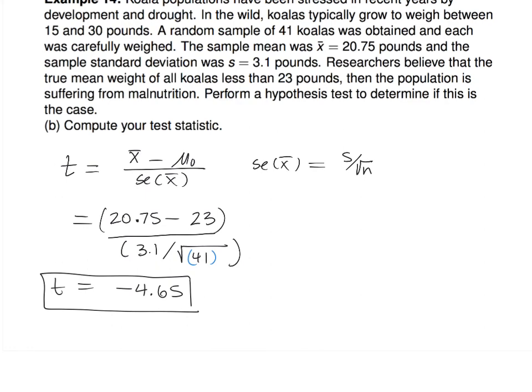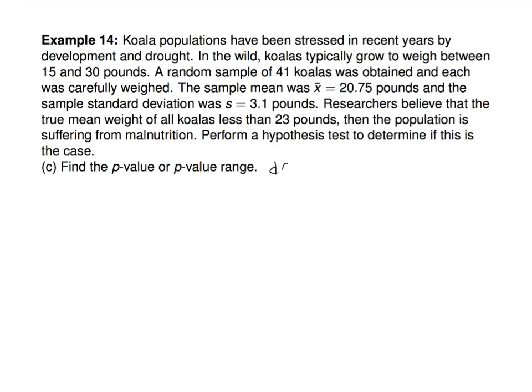Okay, find the p-value or p-value range. So note here that our degrees of freedom is going to be 41 minus 1, or 40. So our p-value is the probability that our t-statistic is less than or equal to negative 4.65. And looking at the degrees of freedom equals 40 row, I see that the biggest t-statistic there is 3.0.